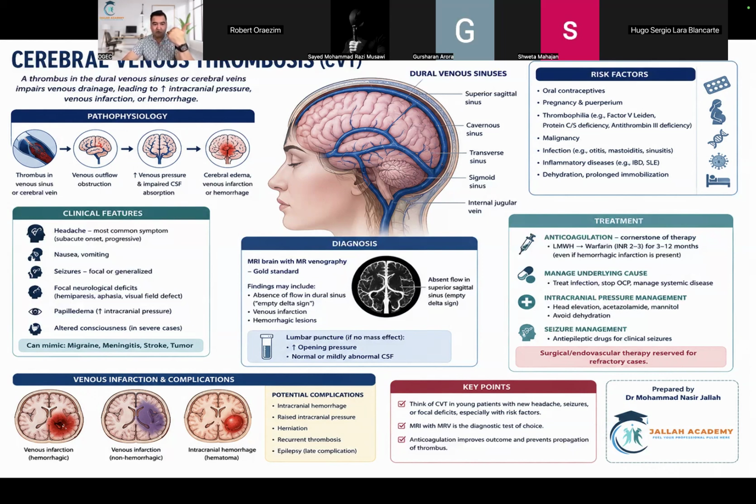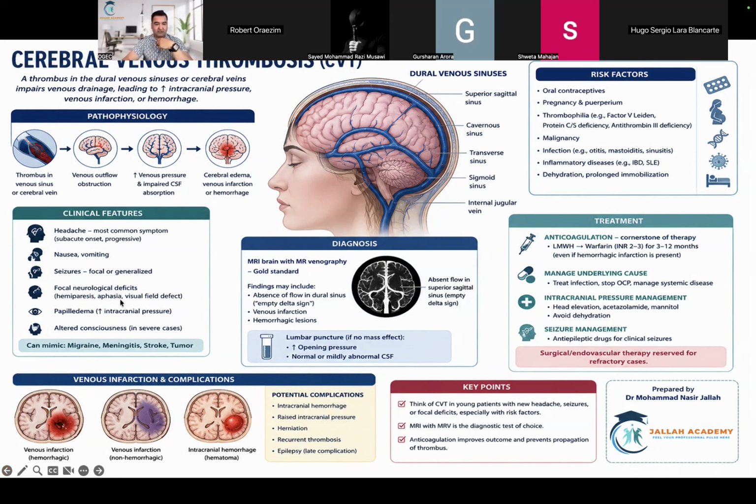Also, if the patient has headache after postpartum, the chances of cerebral venous thrombosis are very high. After surgery, obesity, pregnancy, and also if the patient has seizure, again the chances are high.